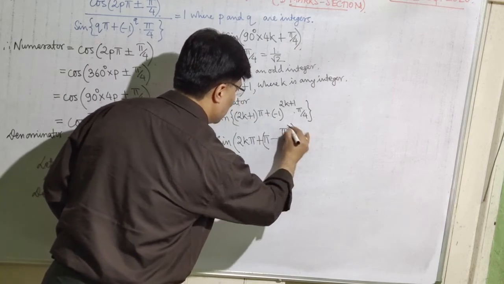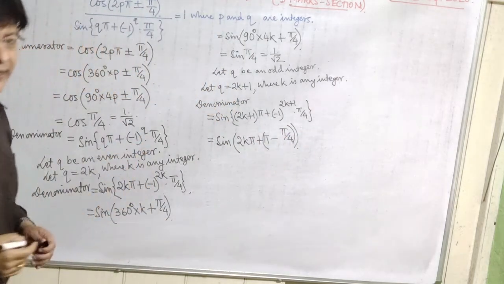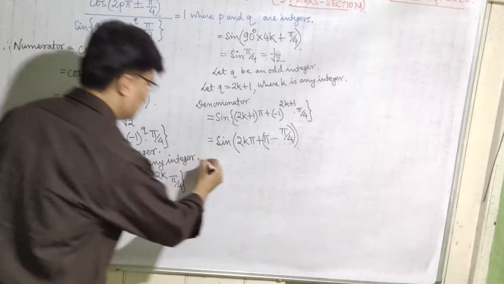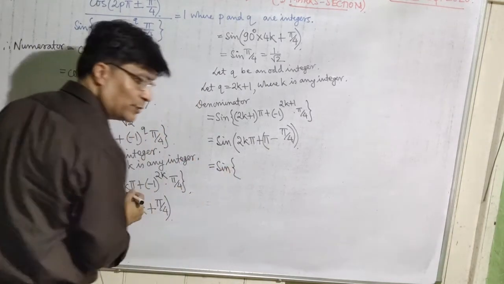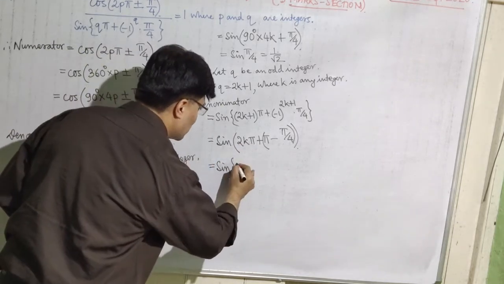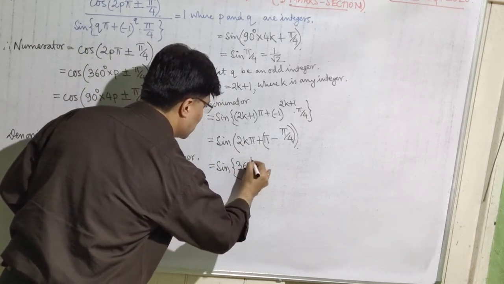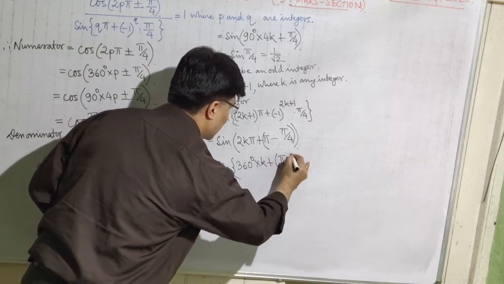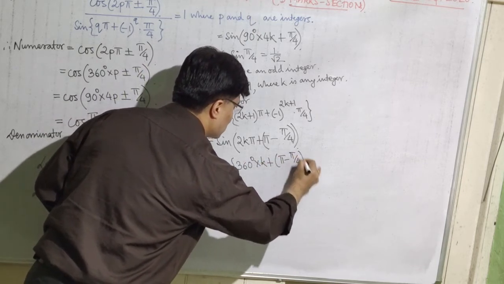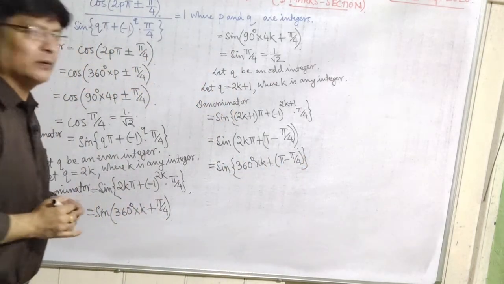So let us put them: pi minus pi by 4 within bracket. Let us take it as theta. So which is equal to sine within second bracket. What is 2 pi actually? It is 360 degree into k plus, within bracket, pi minus pi by 4.